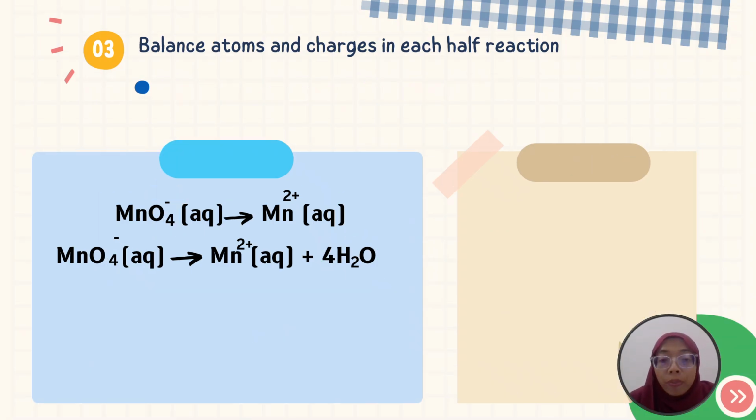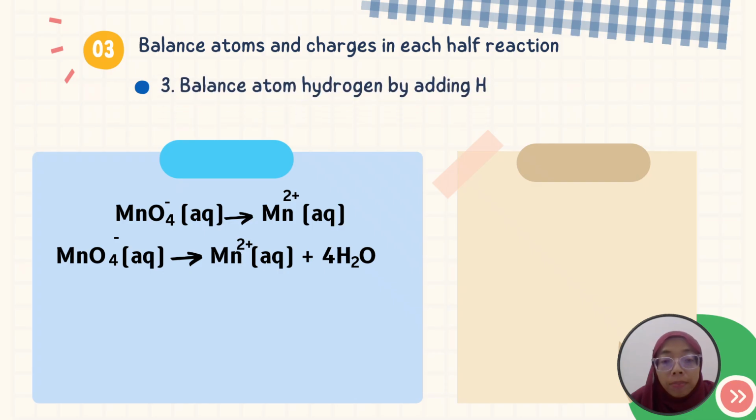Now we must balance the hydrogen atoms by adding H+. In the reduction reaction, the permanganate ion forms manganese ion with 4H2O.